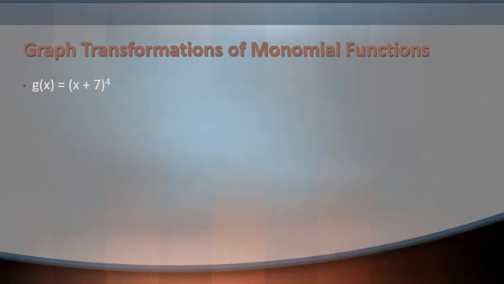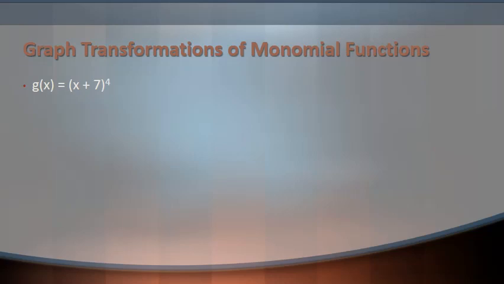Okay, so in this example, coming from example 1, page 98 in your textbook, this is guided practice 1B. We're asked to graph the function g of x equals, in parentheses, x plus 7, and everything in the parentheses is raised to the 4th power.